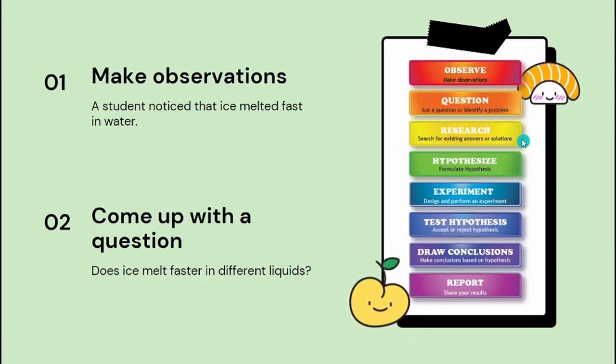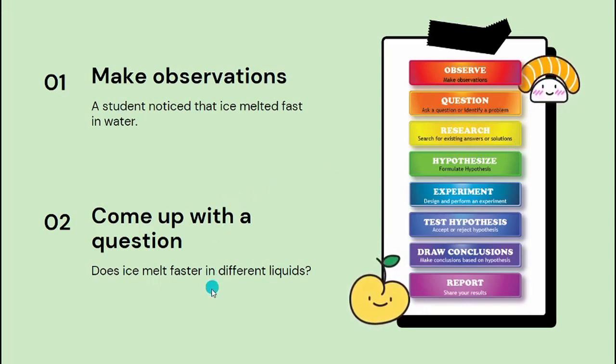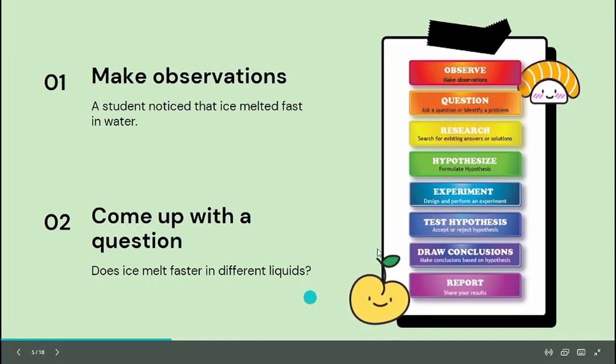Now let's proceed to research. Although in the basic or step-by-step procedure of the scientific method, research is not there, researching is also important because sometimes there are existing answers or solutions already to a question like this.